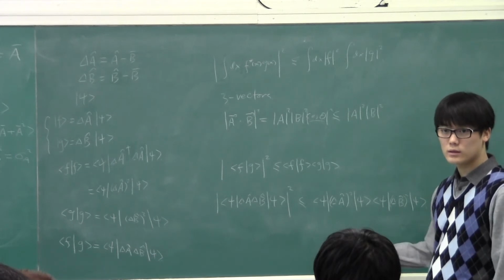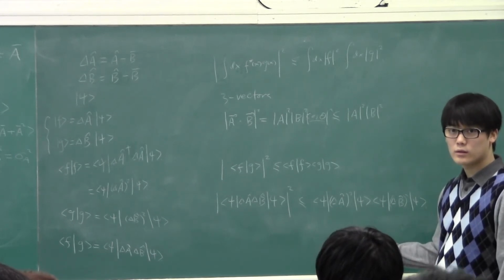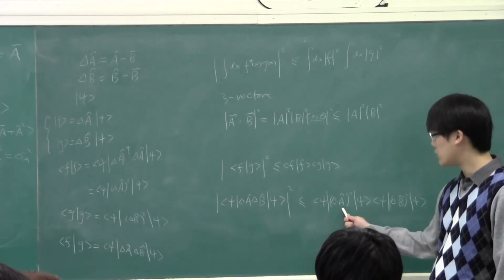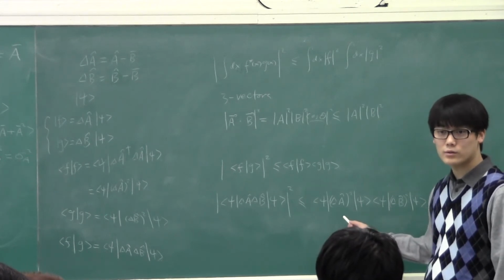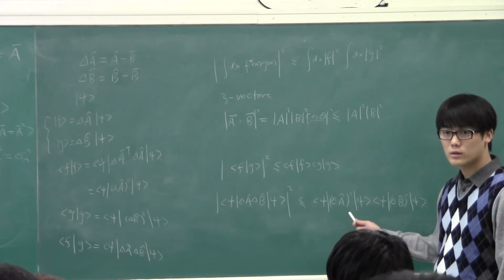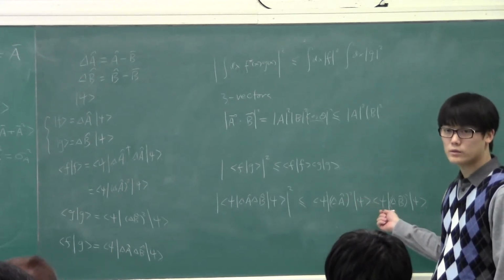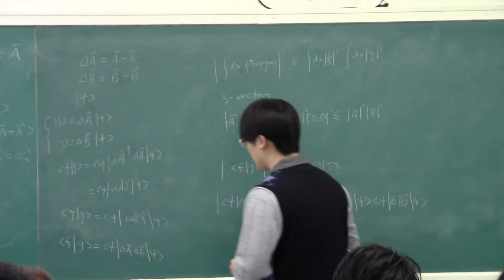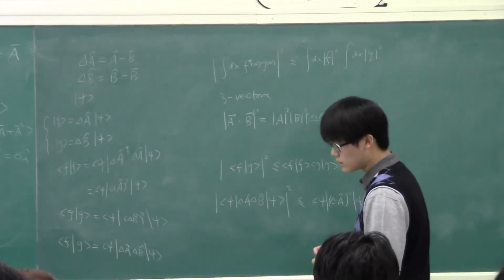And why is that? These are Hermitian operators, so their expectation values must be real, right? So their squares must be positive. We're not worried about the magnitude squares thing.